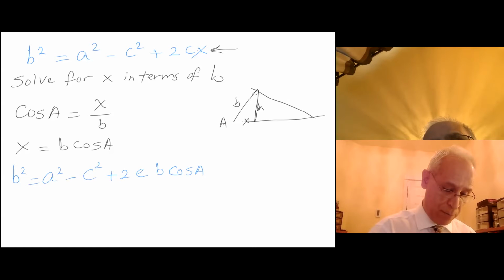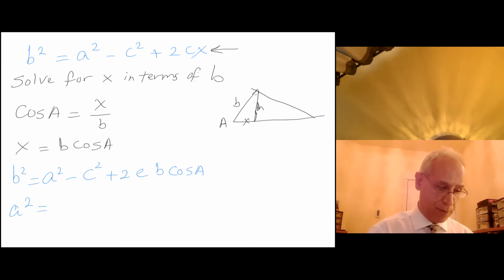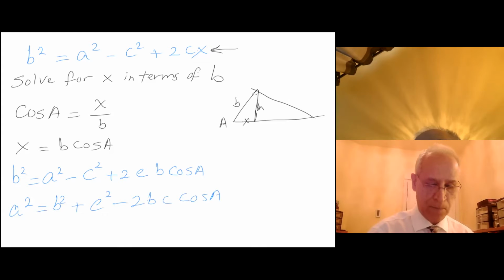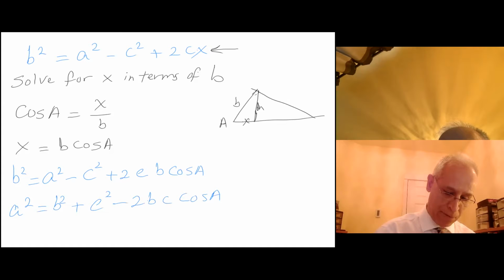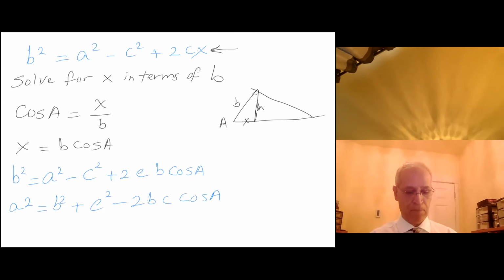Solving for a squared, I get a squared equals b squared plus c squared minus 2bc cosine of A. And similarly, I can rearrange the sides and do the same thing for b squared and c squared, and solve for the other sides and angles.